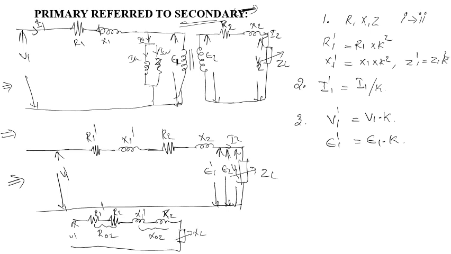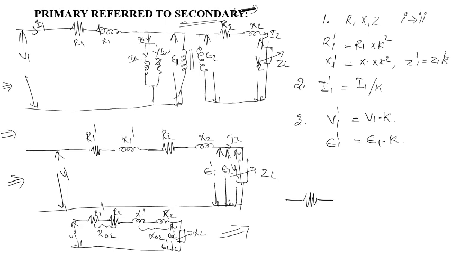V1, V1 dash, V2, E2, and similarly E1 dash. Okay, all the things I have to draw here. And by considering the loss, I can write R1 dash and R2 are in series, so I can draw a simplified resistance here.